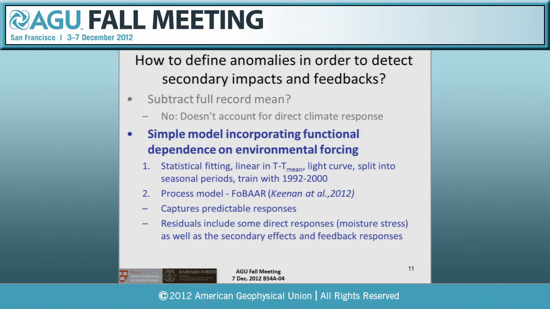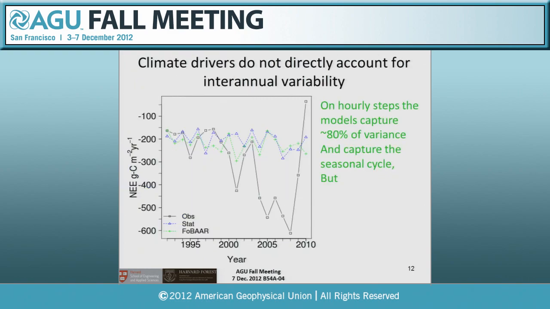And the residual may still include some of the unmodeled parts, moisture stress and things like that. But one thing I can say is that if we look on the hourly step, any of these kinds of models get a really good R squared. So just a simple fit to the data captures most of the variance on the hourly scale, largely because the model knows when the sun comes up and the sun goes down and when the winter is.